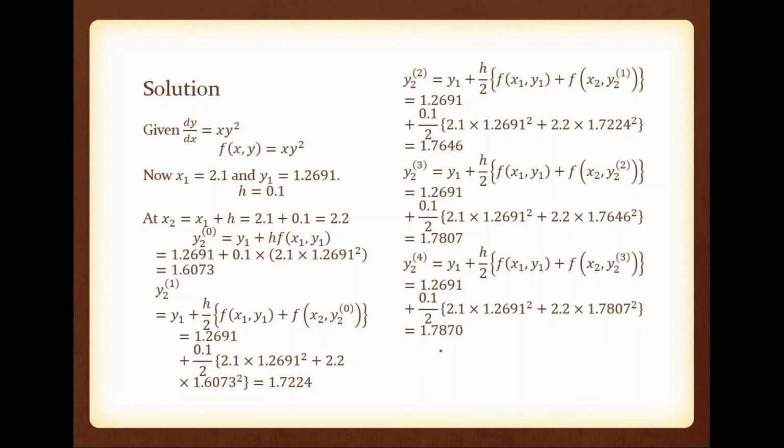So the answer is 1.7870. So we can see that y2 of 4 and y2 of 3 are not equal, so we have to continue.